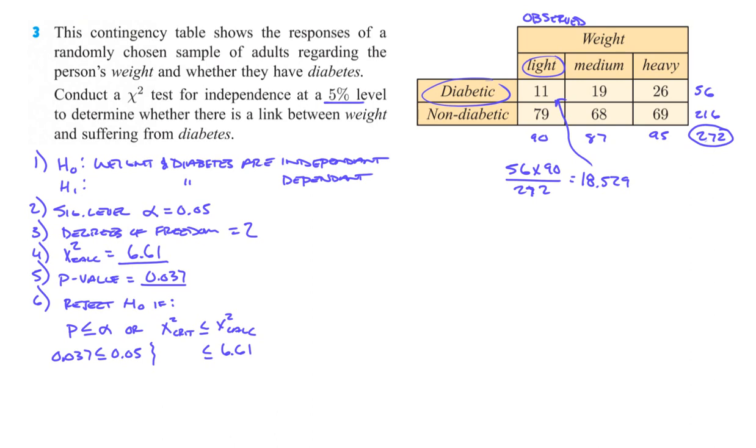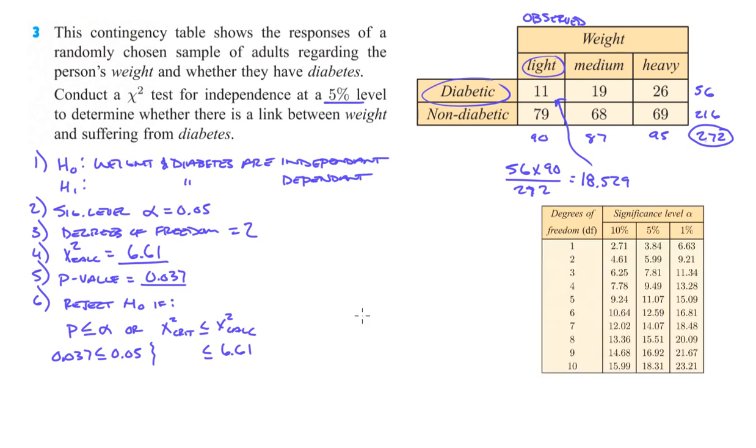6.61. Okay, so here's our critical values table, right? So we're going to do a 5% level, which is this right here, and our degrees of freedom. Take out a row and a column, and our degrees of freedom was 2. So we get 5.99 is our critical value, 5.99. So 0.037 is indeed less than 0.05, so that's true.